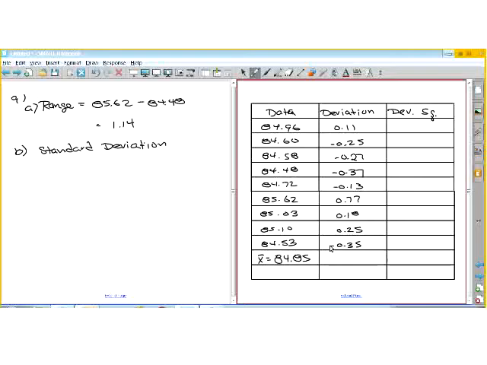So I didn't get exactly 0, so I may go back and, well, first I'm going to check my numbers. So I'm just going to look at this and do it in my head.